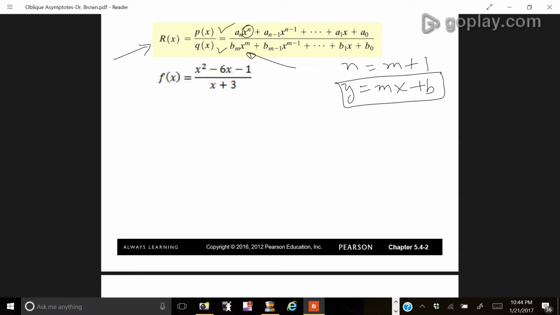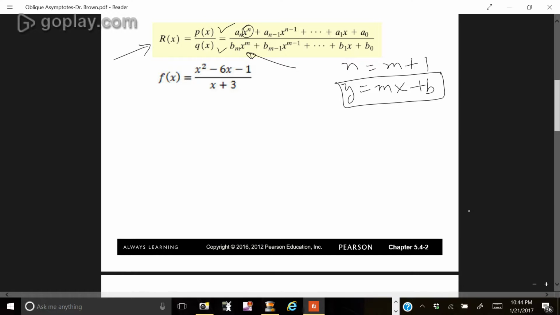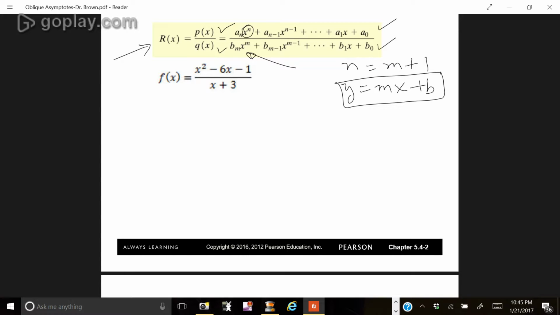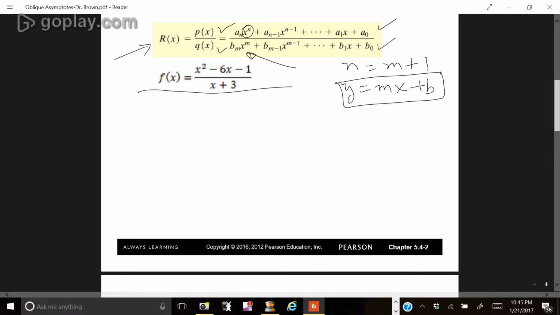What you do is you do polynomial long division. In other words, you take the numerator and divide it by the denominator. So we're going to do, first of all, an example here. The numerator is x plus 3. The denominator is x squared minus 6x minus 1.